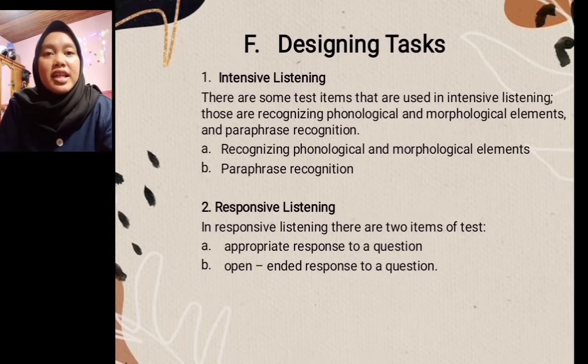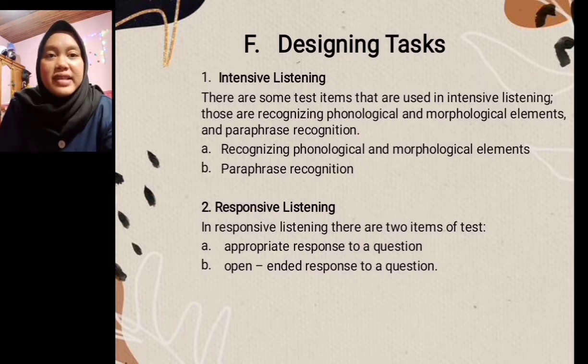Jadi untuk morphology phonological ini kita bisa memberikan soal yang berhubungan dengan morphology and phonological, such as misalnya berupa kata yang memiliki bunyi yang sama tapi different meaning gitu. Sama katanya tapi maknanya berbeda. For example, like his, she's gitu.